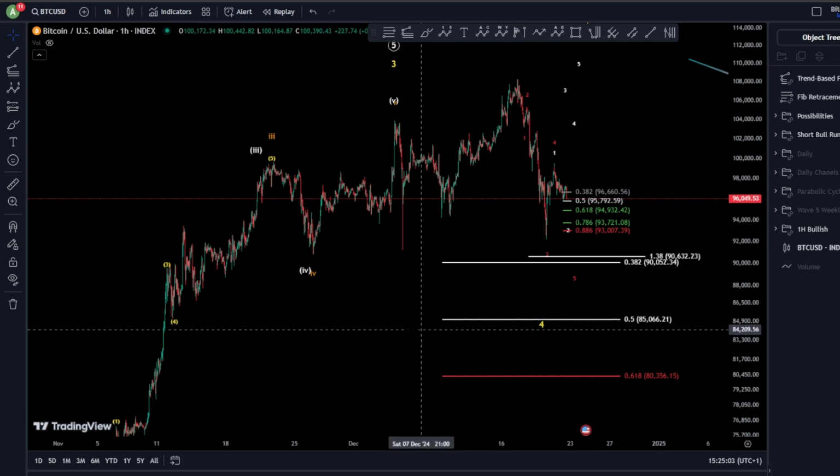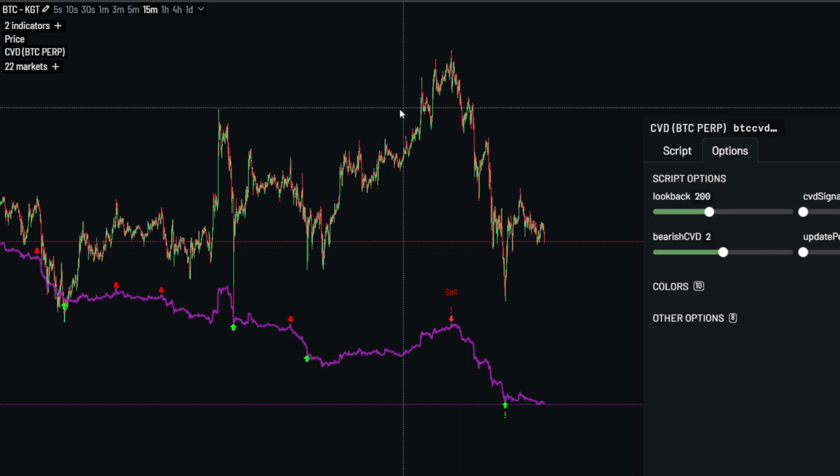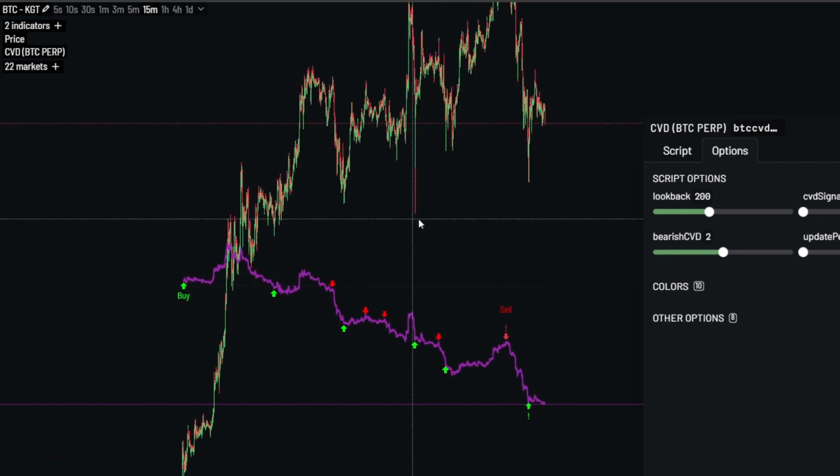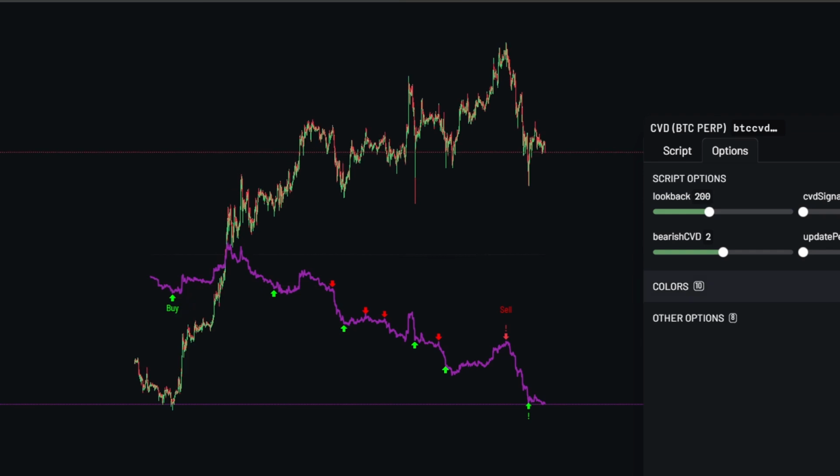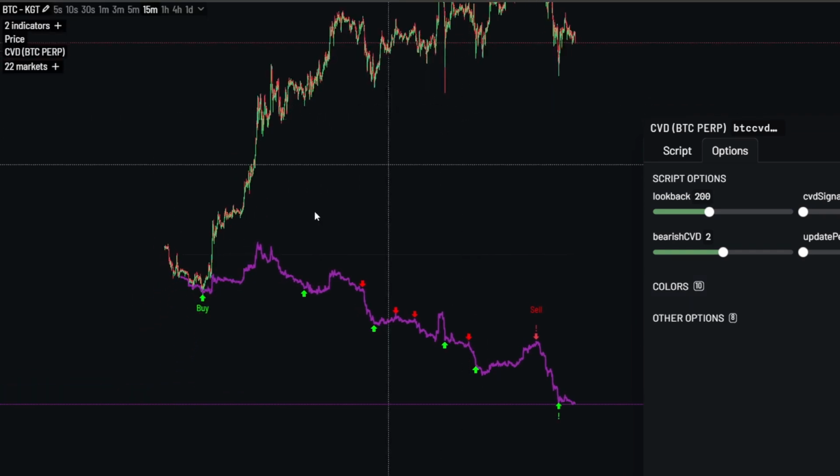Now, if we would like to dive a little bit deeper, let's see on the KGT with the 15-minute chart. As you can see, we are still in a sell signal from the top here, right? Your buy signal is still given from the bottom of this impulse, guys, since the bull run.